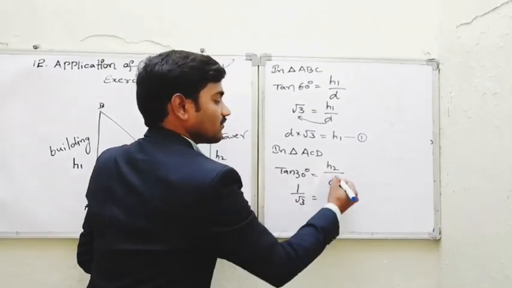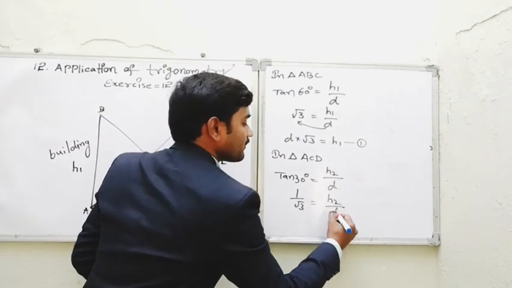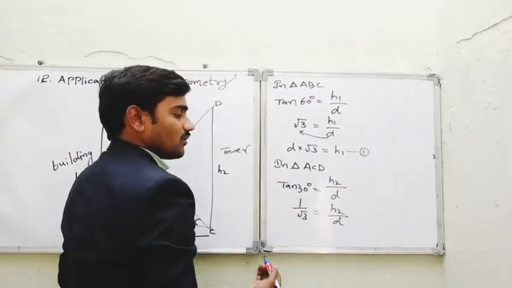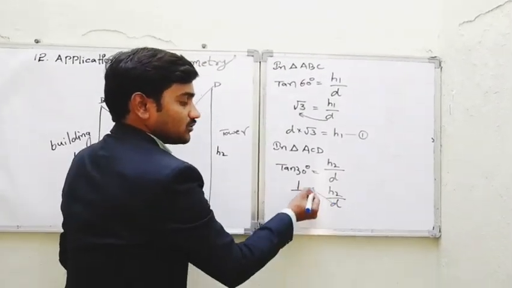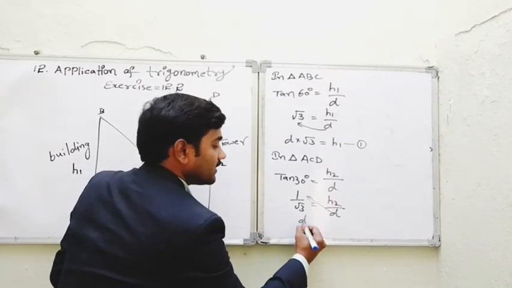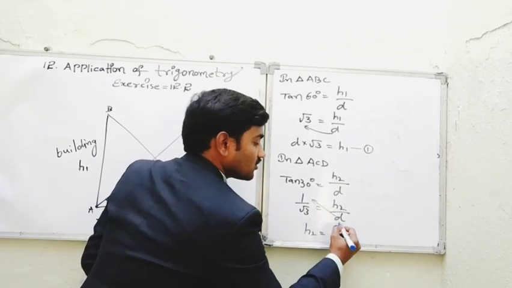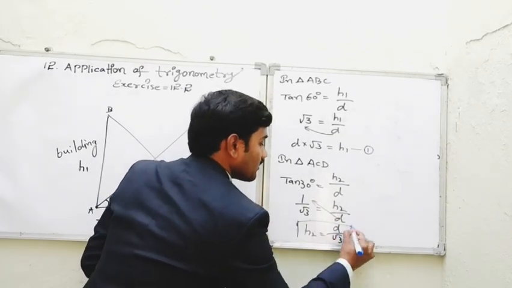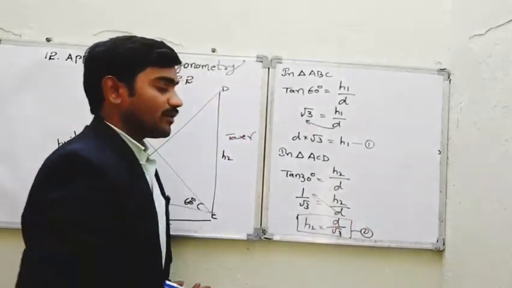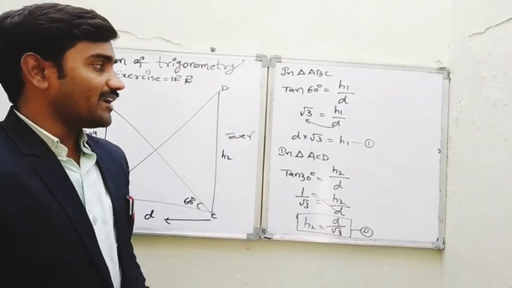So 1 by root 3 equals H2 by D. We transfer this D to this side. Hence H2 equals D by root 3. This is equation number 2. Equation number 1 and 2 we got.